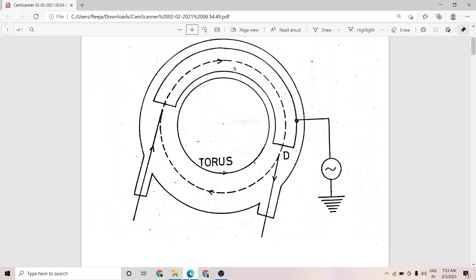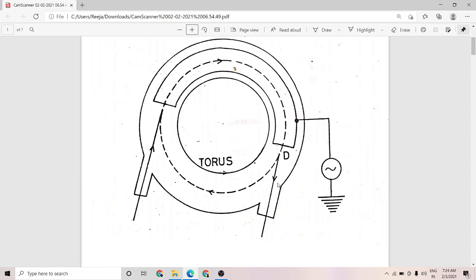Here we have to learn about two types of synchrotrons. One is the electron synchrotron and the other one is the proton synchrotron. Here I have shown you the figure of an electron synchrotron, and its parts consist of a main accelerating tube or the torus.